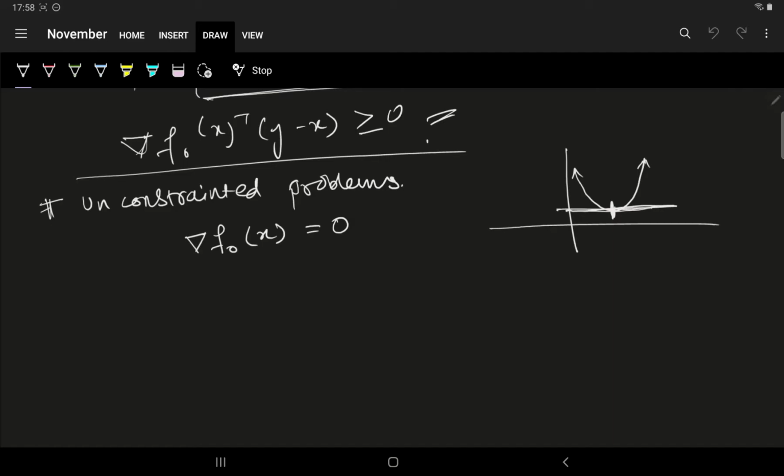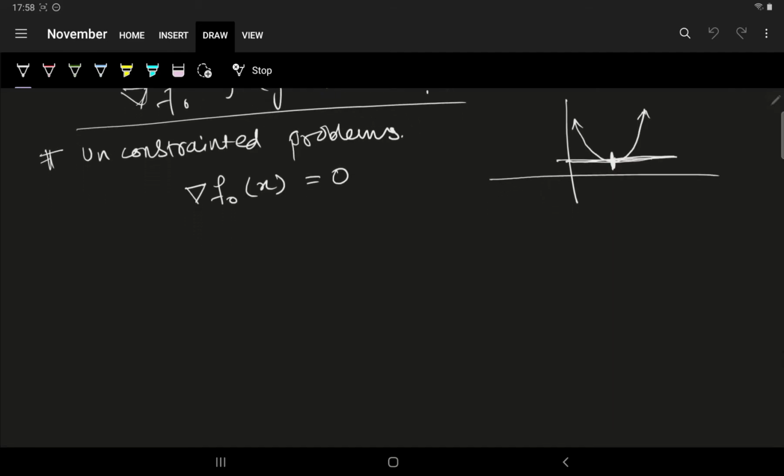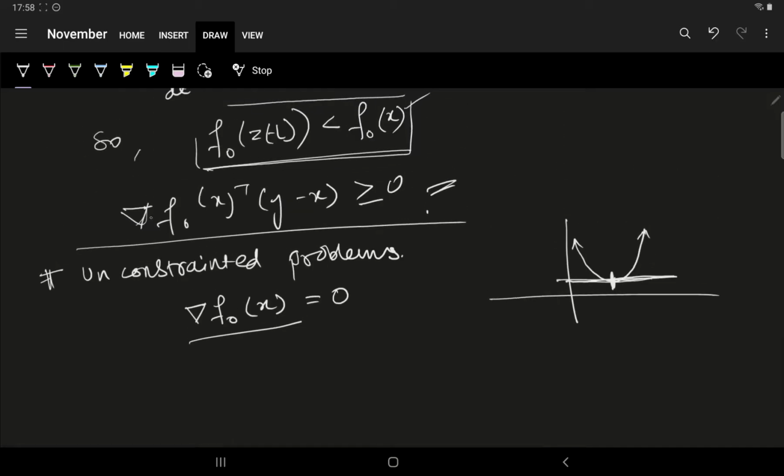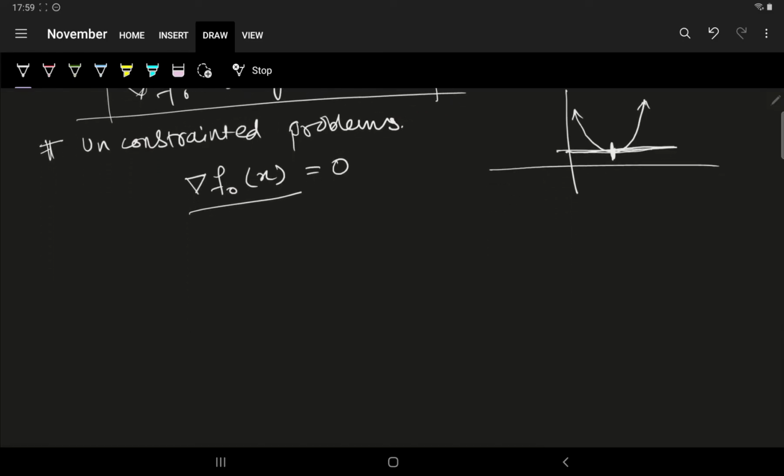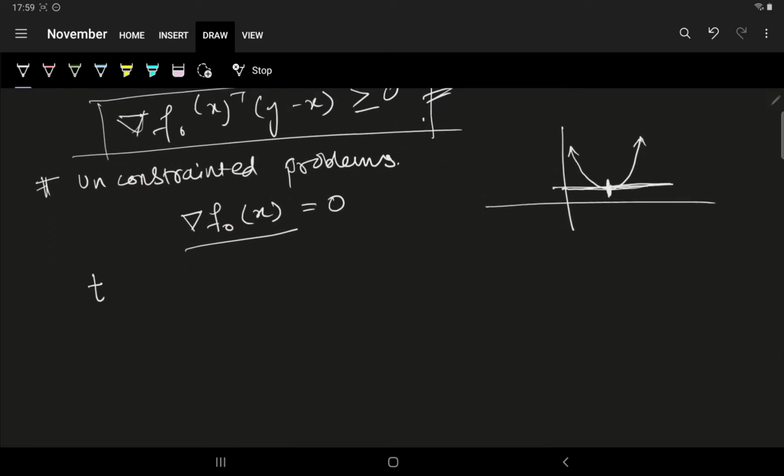We can also arrive at this expression from our previous condition. So for that, let us take a point y equals to x minus t del of f naught of x.